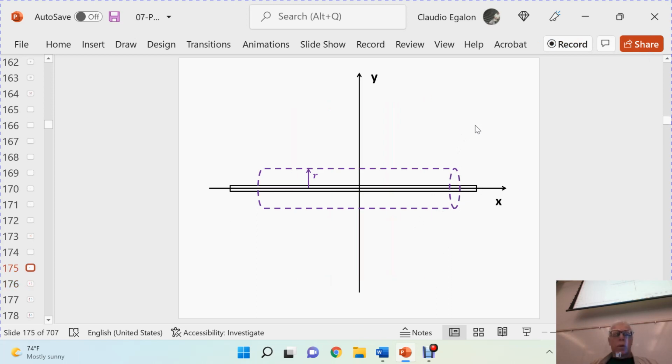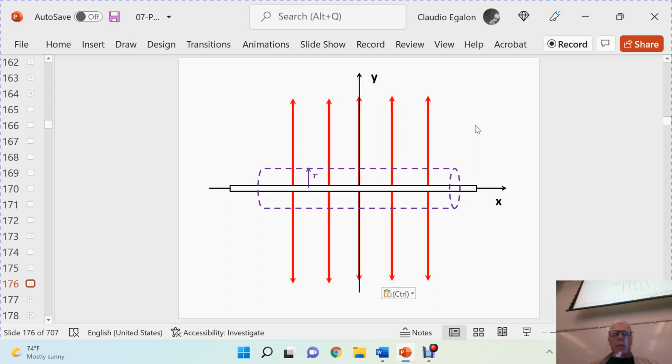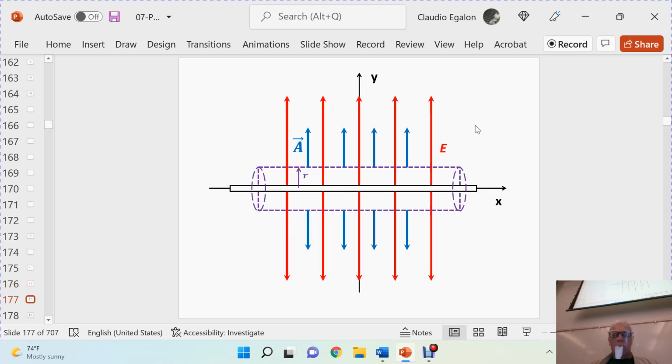Looking from this other angle, the electric fields look just like that, pointing away, pointing in the vertical direction, upwards and downwards.